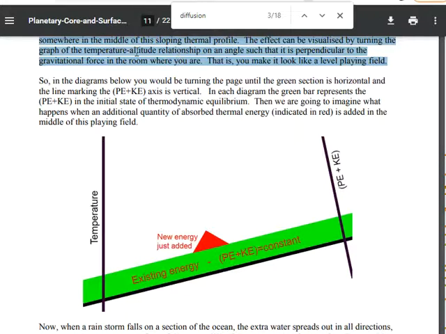"Turn the graph of the temperature-altitude relationship on an angle such that it is perpendicular to the gravitational force in the room you are in." That is, you make it look like a level playing field. So, what? We're supposed to do this so that the kinetic energy line is horizontal.